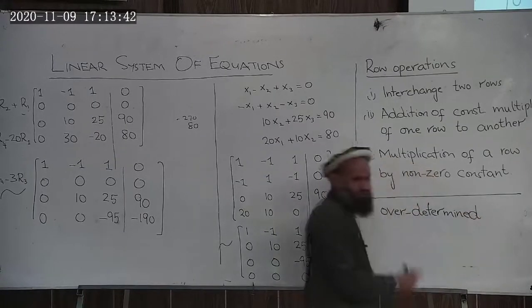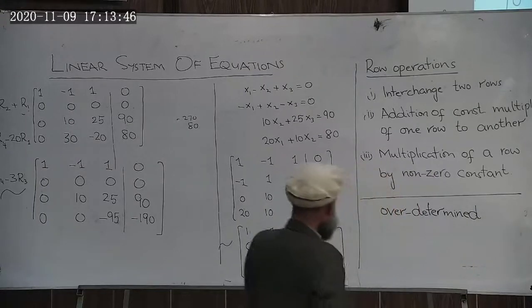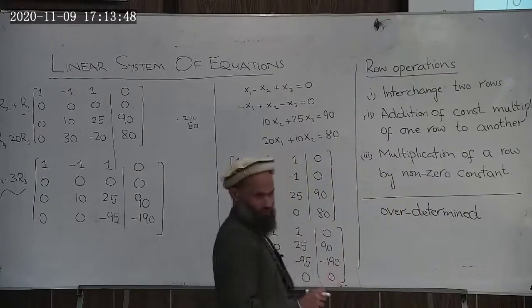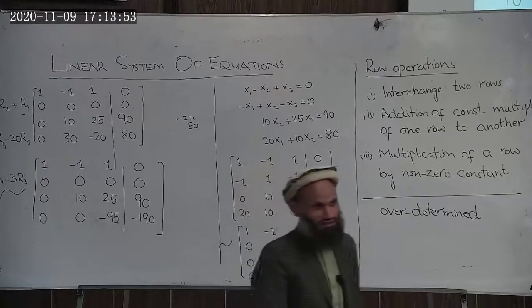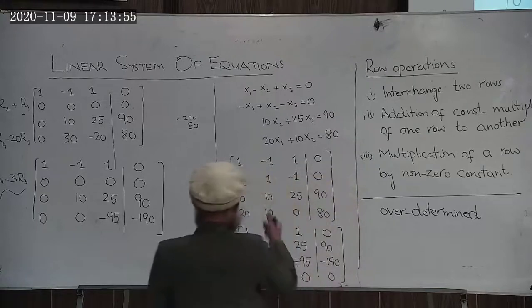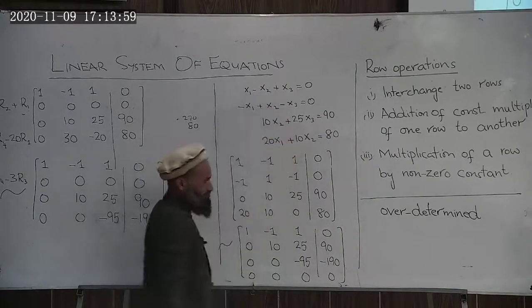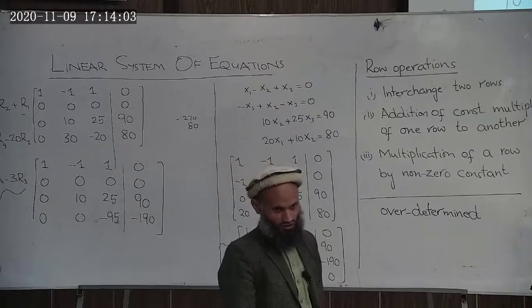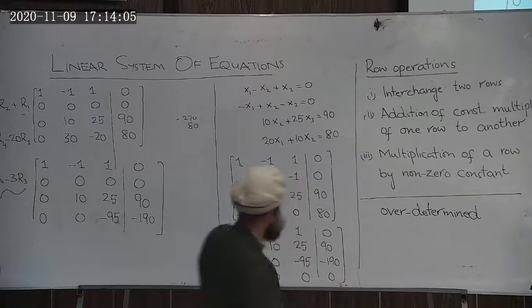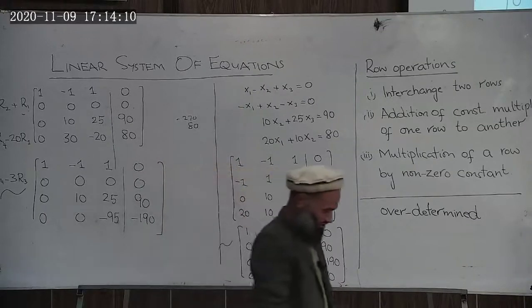What will be the consequences of these things? We shall also see it in the next lecture. As it was the case over here, we had 3 unknowns and 4 equations. The number of equations is more than the number of unknowns. Therefore, this was an overdetermined system of linear equations.